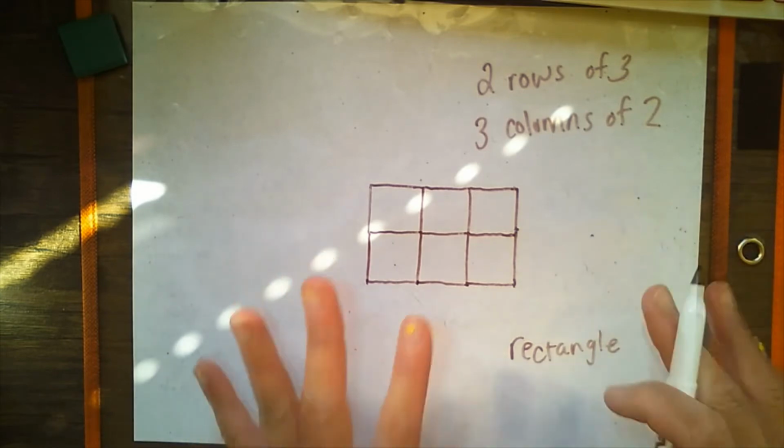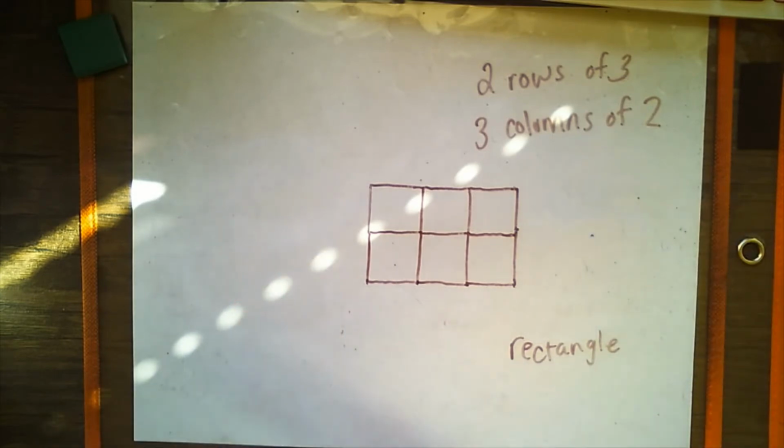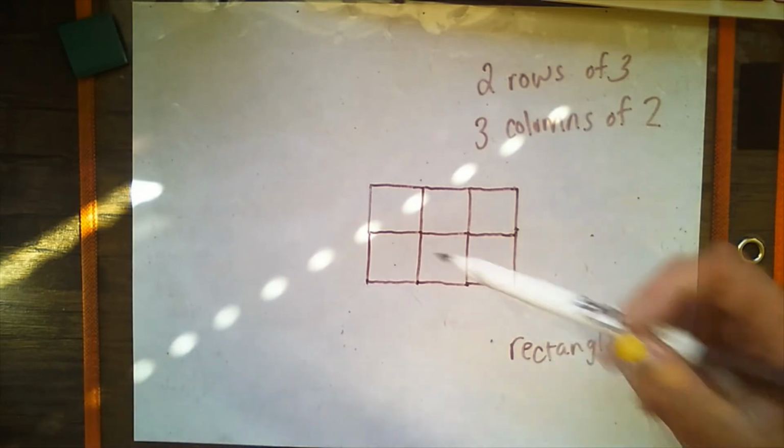That's what made it a rectangle. We don't have the same amount of rows as we do the columns, but we have the same amount in each group if you look at it by rows and then by columns. Let me explain a little bit what I mean by that.